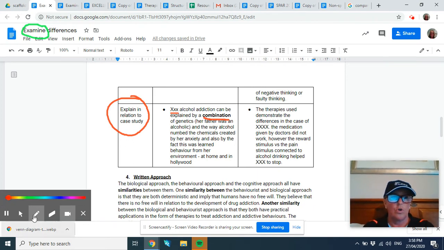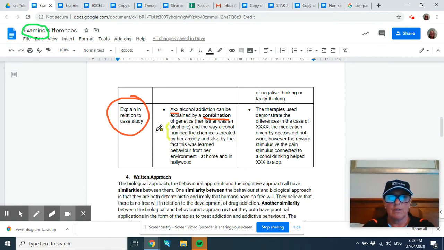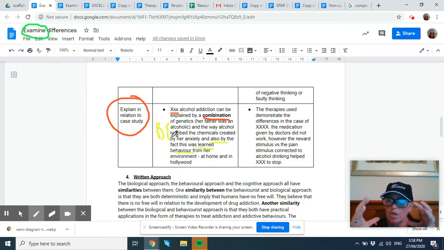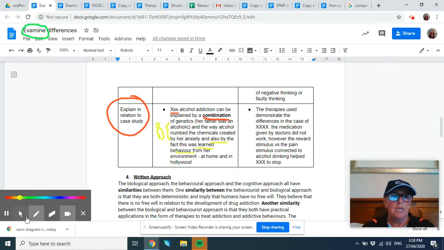So that's your biological approach in here. Okay. And then also by, so notice the word there as well, by the fact that this was learned behavior from her environment at home and in Hollywood. So you're showing me how the two approaches could be used to talk about her addiction.